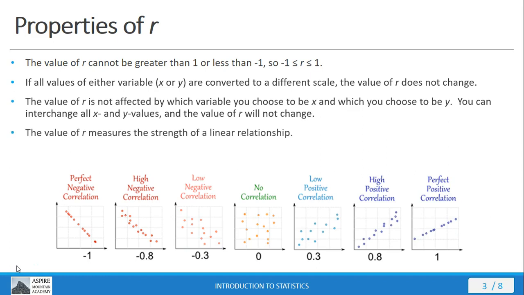Now, the real usefulness of R is that the numerical value measures the strength of the linear relationship. Because it's bounded within the range of 1 to -1, the closer you are to those extremes, the stronger your linear correlation. The more you get to the middle, the more you have no correlation.